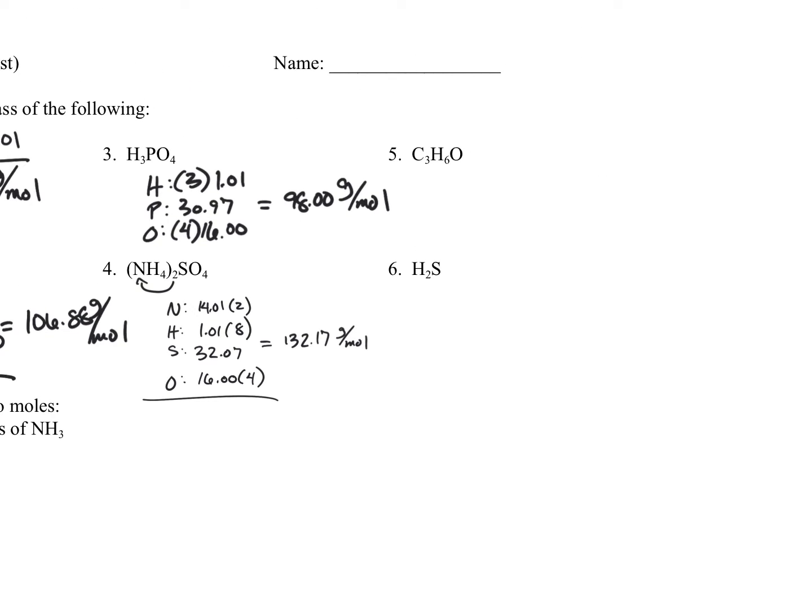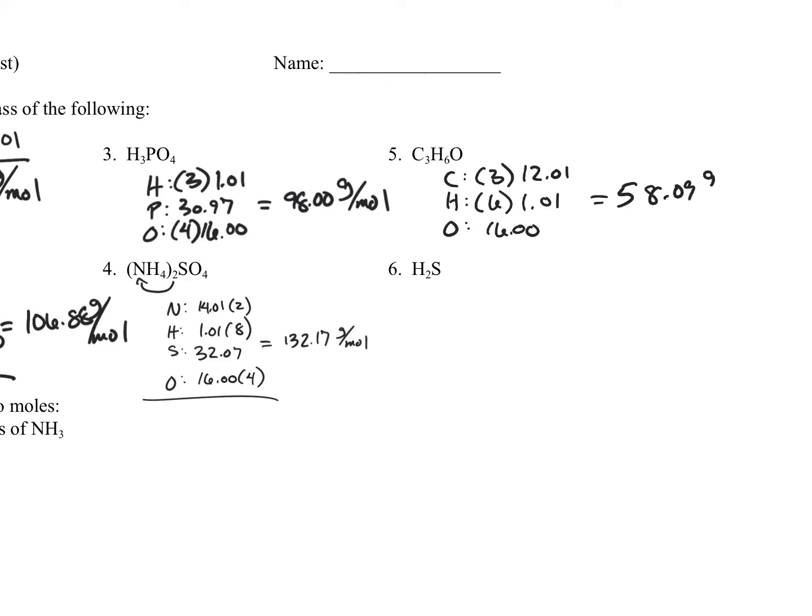Question 5 asks you for C3H6O. In carbon, there are 3 of them, and carbon has a molar mass of 12.01. There are 6 hydrogens, and there is only 1 oxygen. So in total, the molar mass of this chemical is 58.09.